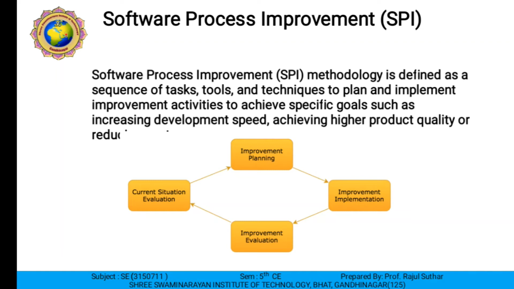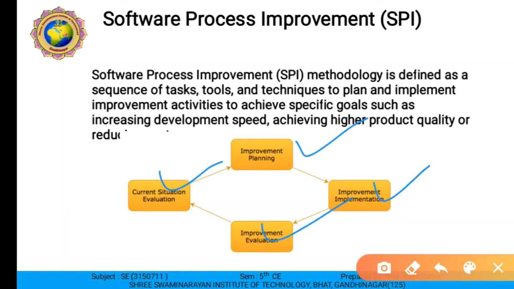SPI mainly consists of four cyclic steps. Here in the figure all the steps are described, so let me discuss one by one.